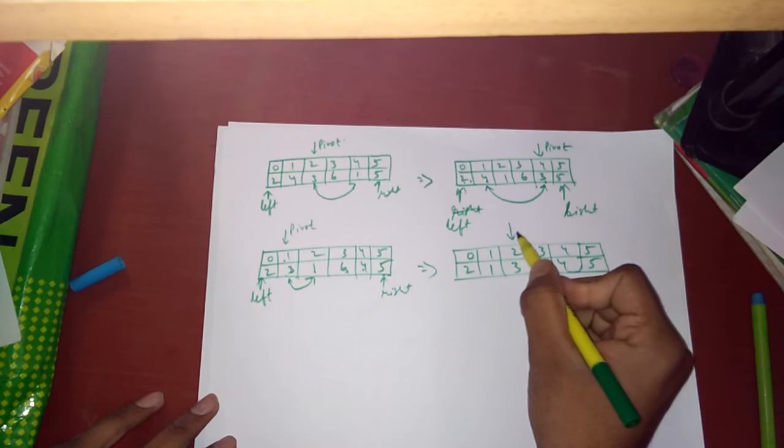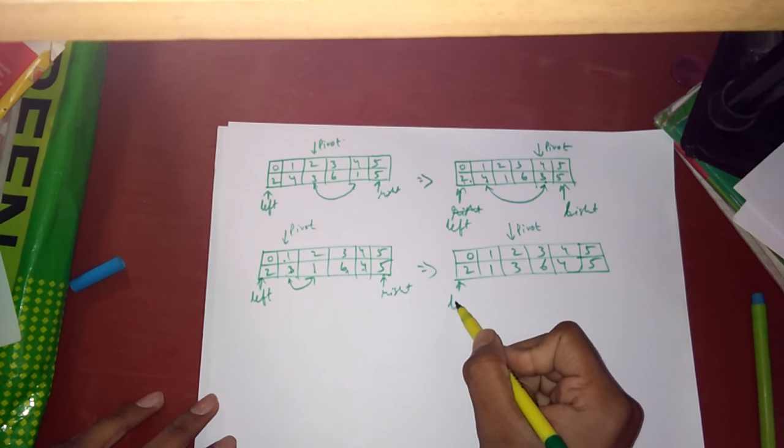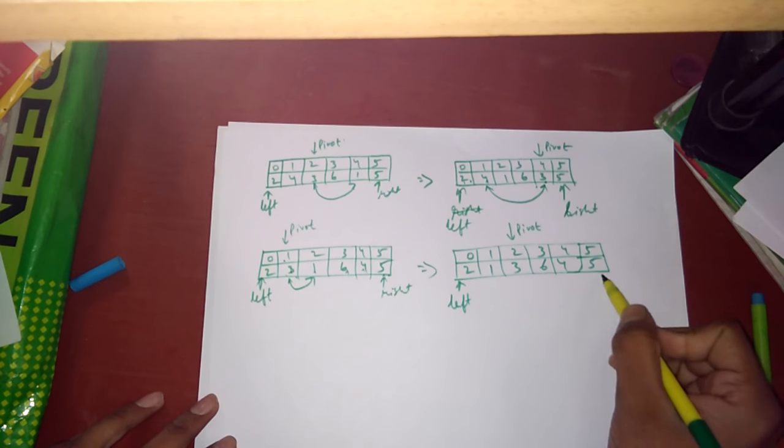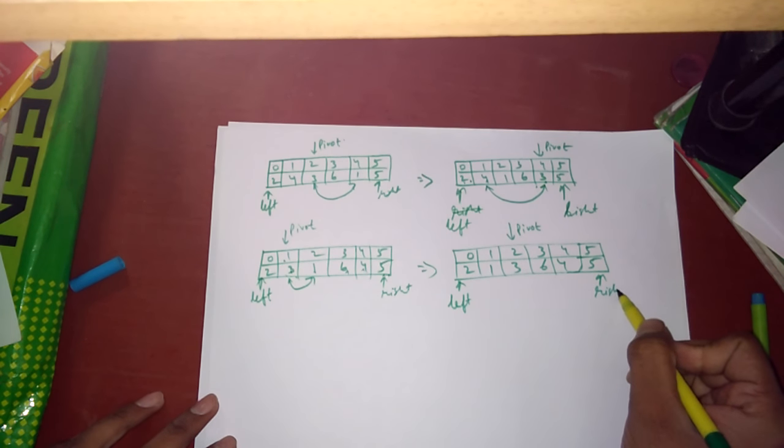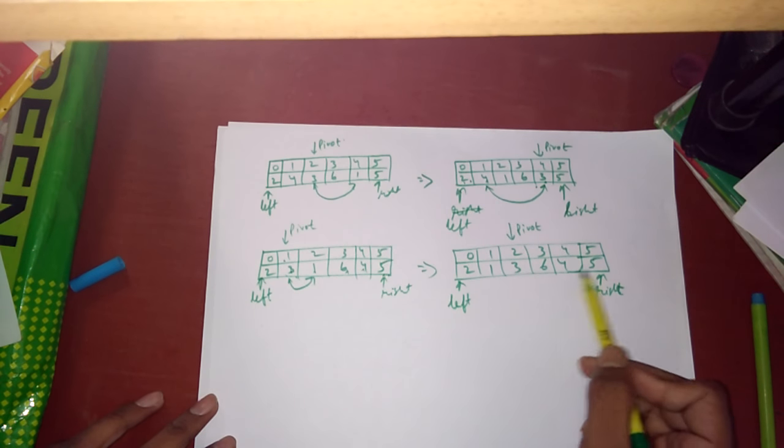Now our pivot is here, left, right. Well, it looks like we have sorted the elements.